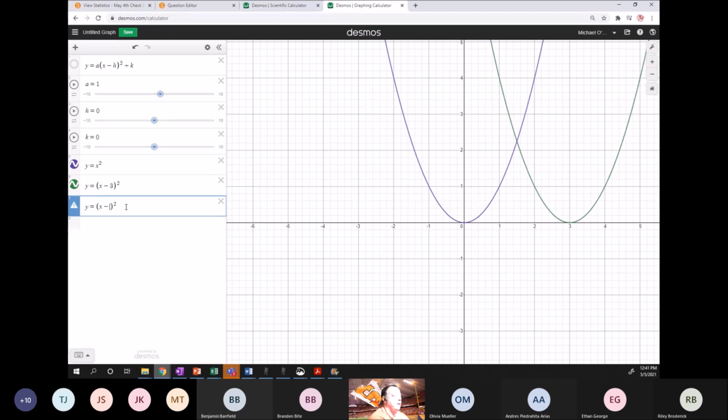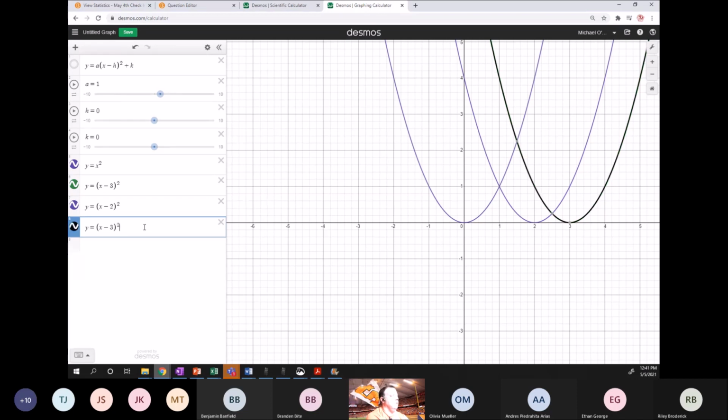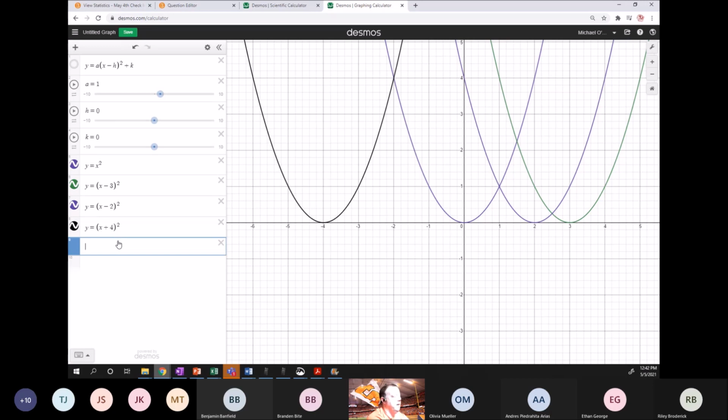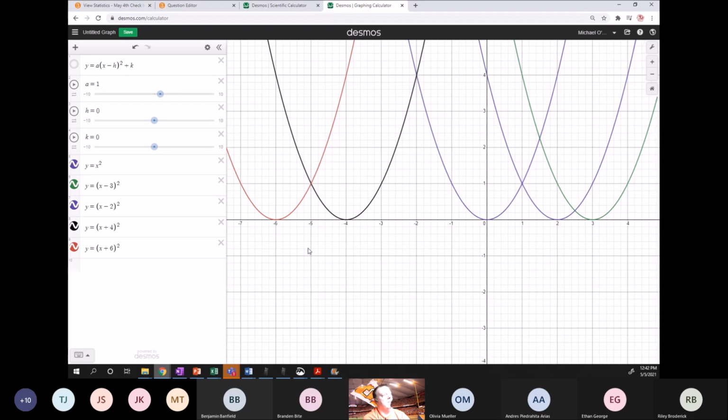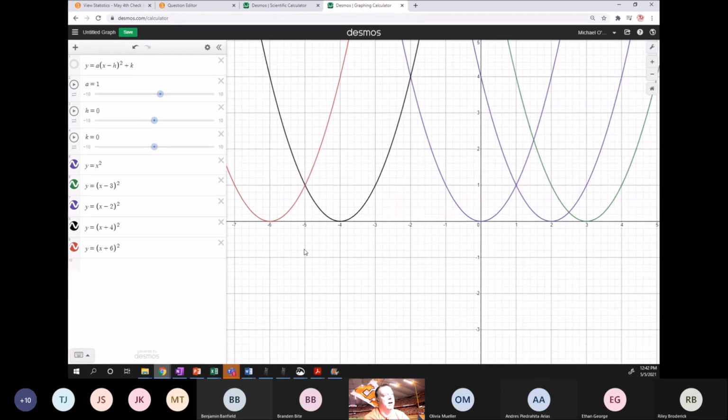And I want you to tell me what you observe. And tell me what you think that h value does. What do you think me changing the h here does to the graph, to the parabola? What happens to the graph?